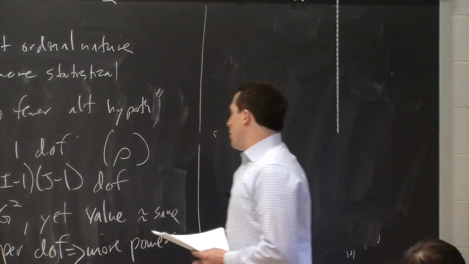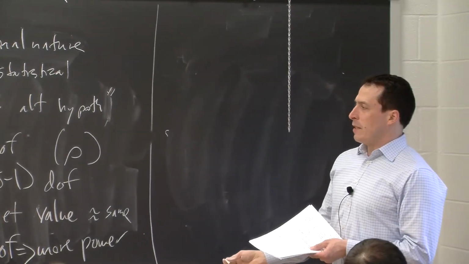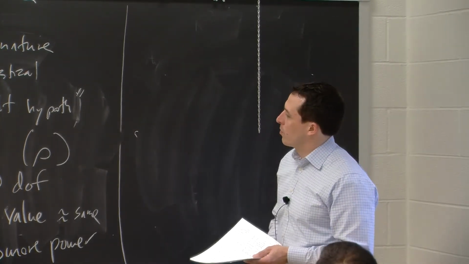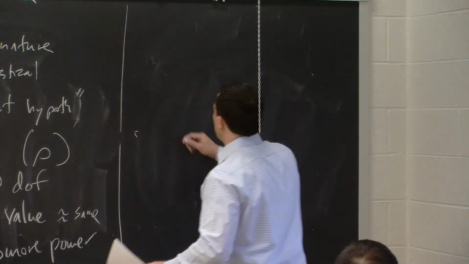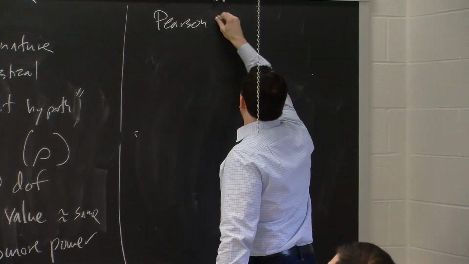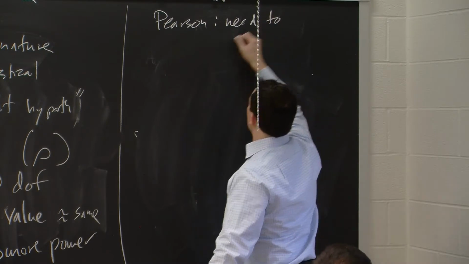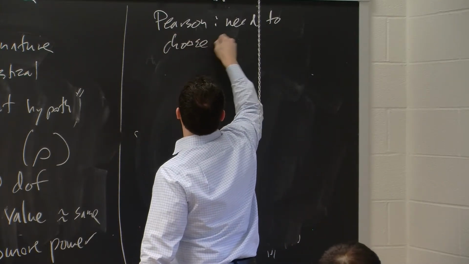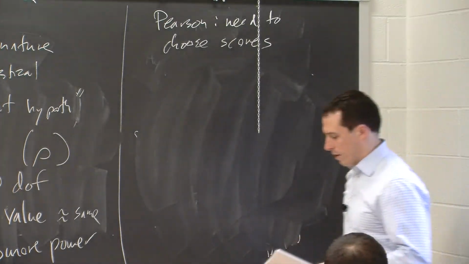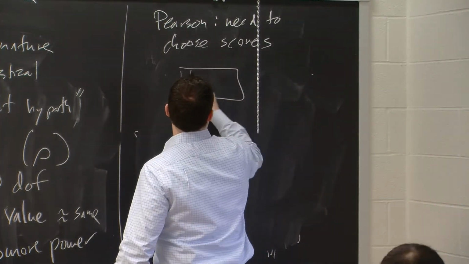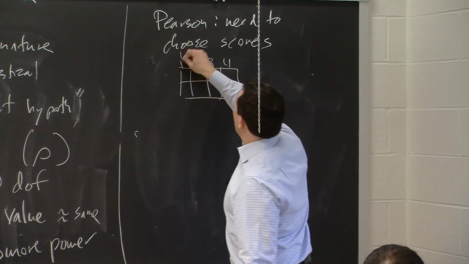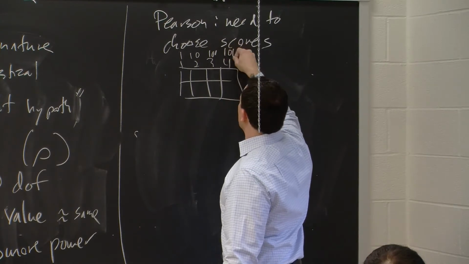Okay, so in the Spearman case, we have only one encoding of the scores, and so there's nothing to think about. But in the Pearson case, we need to think about the scores. How do we assign a number to each of the entries of the table? Should we use 1, 2, 3, 4, or should we use 1, 10, 100, 1,000, or what?